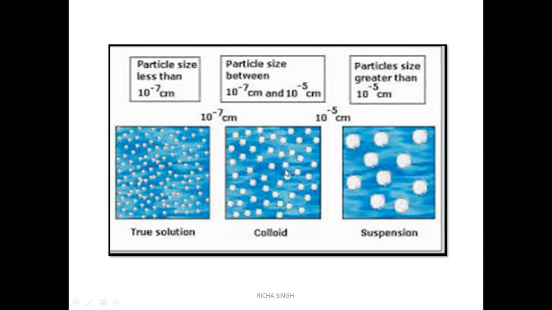The particles having size between 10 raised to the power minus 7 to 10 raised to the power minus 5 centimeters, such solutions are called colloids, and when the particle size is greater than 10 raised to the power minus 5 centimeters, such solutions are called suspensions.